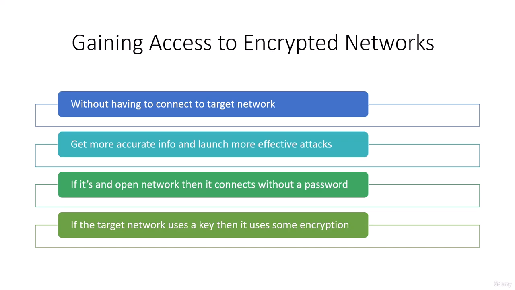Anyway, that's the main purpose of this lecture: if you target a network that uses some sort of encryption, you cannot really do anything more unless you decrypt the data or find the key, so that you can connect to the network. So we're going to talk about how to decrypt WEP, WPA and WPA2 encryption.